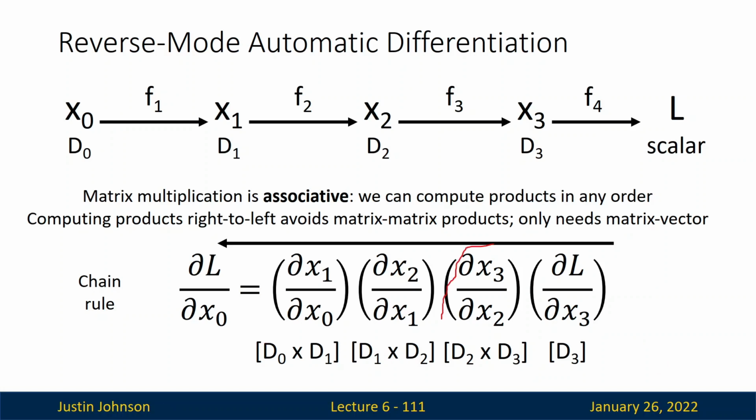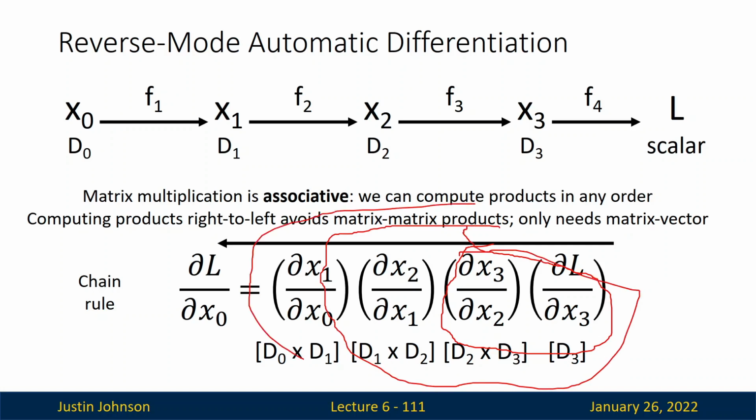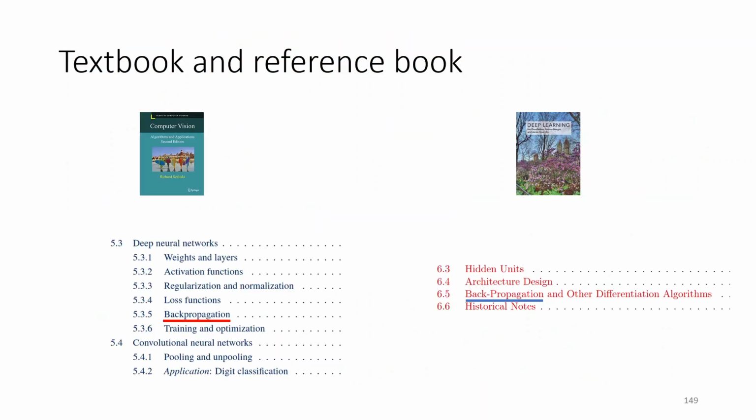In the beginning, we calculate this part, so it becomes a vector. Then from this part, we calculate this part. It is still a vector. And finally, we calculate this part. It is still a vector. So it will be easier for us to calculate, and that's the way they implement it in those frameworks.